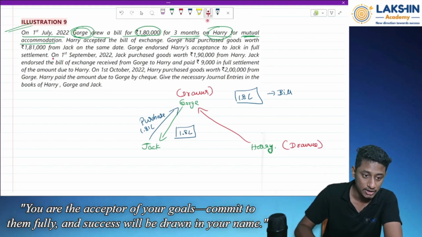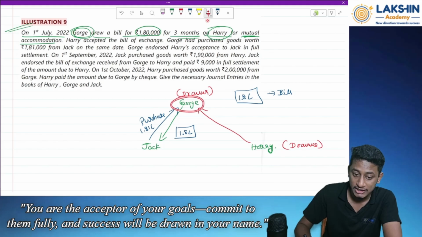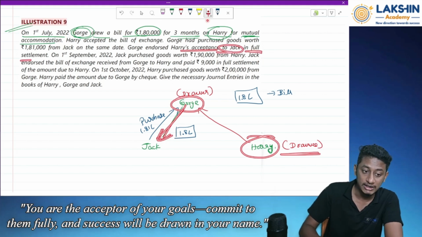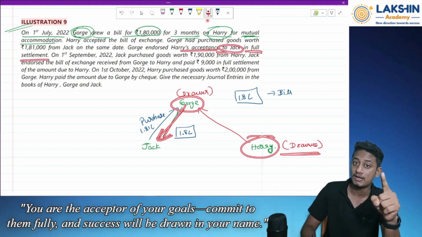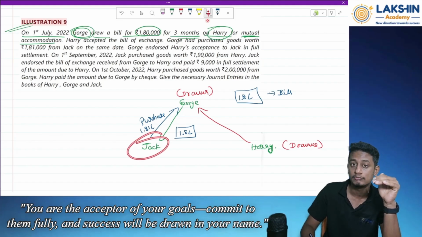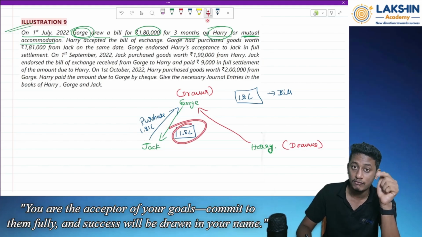Let's look at the question. On 1st September, George endorsed Harry's acceptance to Jack in full settlement. Whenever the words full settlement come up, that means George does not owe anything to Jack now. The purchase value is 1,81,000 rupees, but the bill value is 1,80,000 rupees.